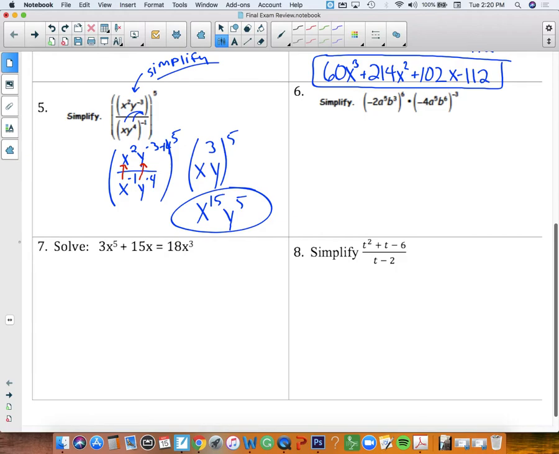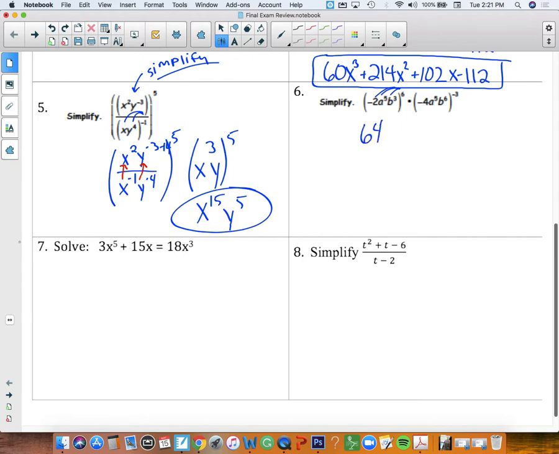So number 6 is kind of similar with properties of exponents. You give the 6 to everything. So negative 2 to the 6th power, that becomes positive. That would be 2 times 2 is 4, 8, 16, 32, yep, 64.